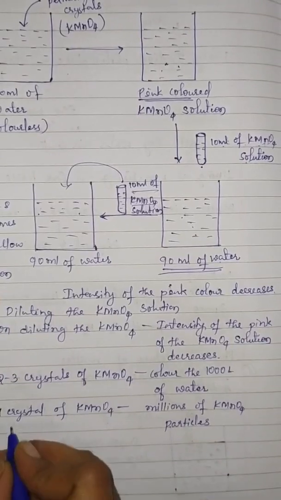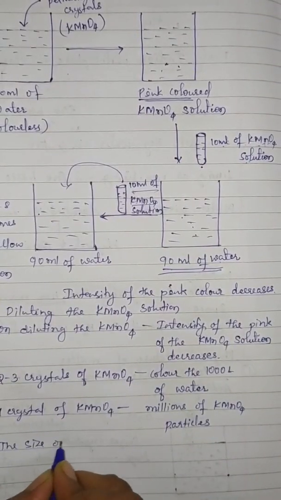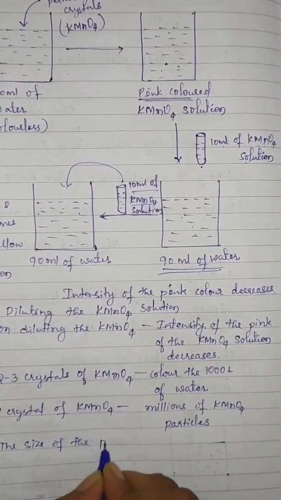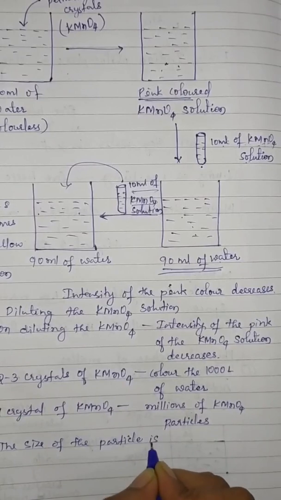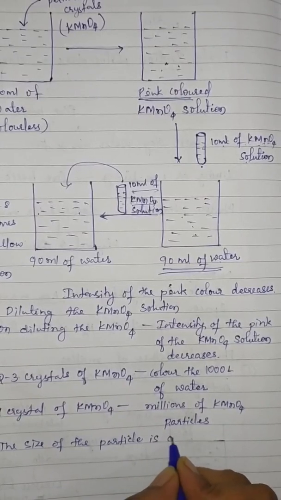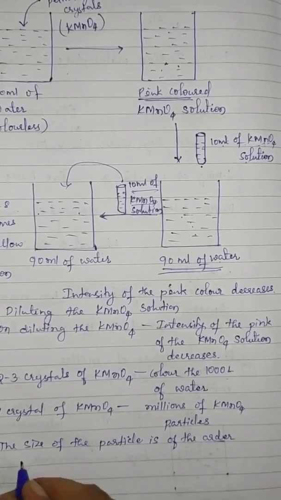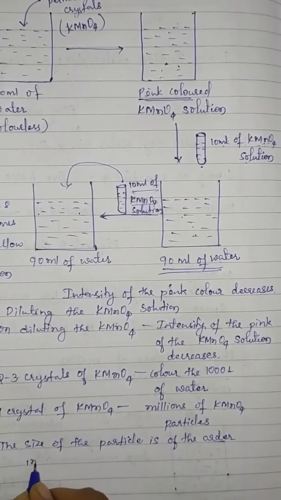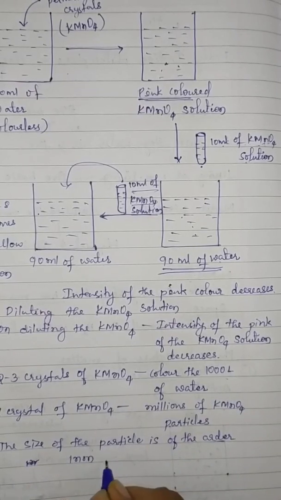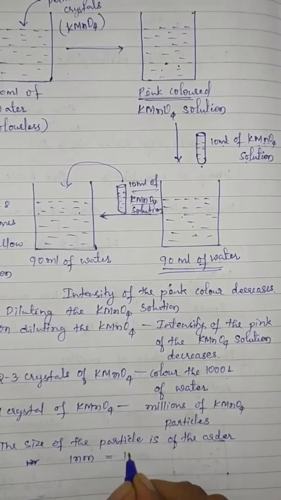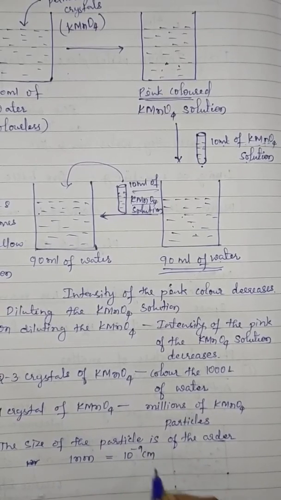Okay, usually the size of the particle is of the order 1 nanometer. Okay, 1 nanometer is equal to 10 raised to minus 9 centimeters.